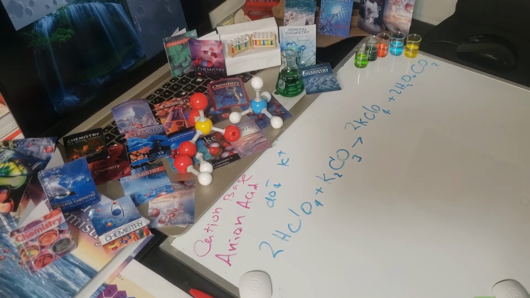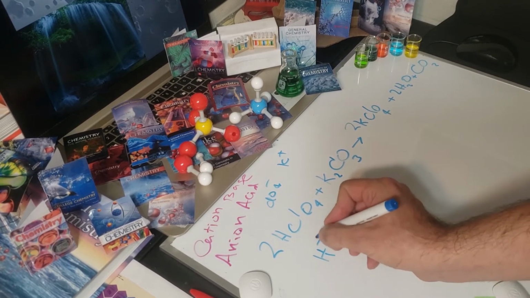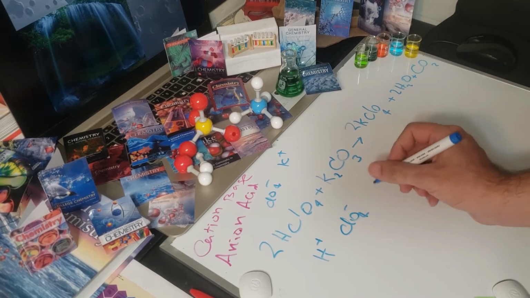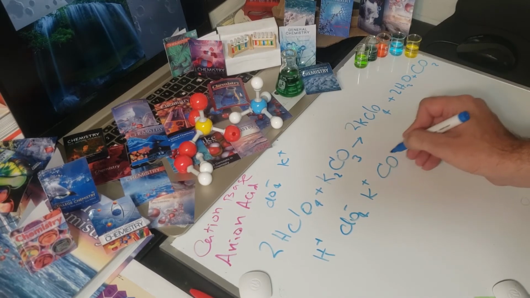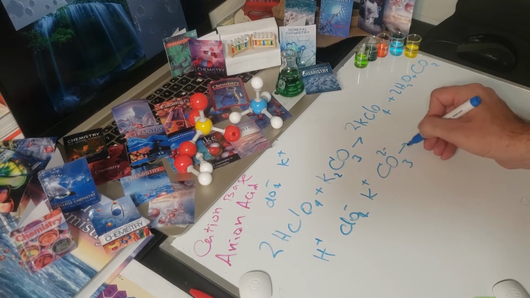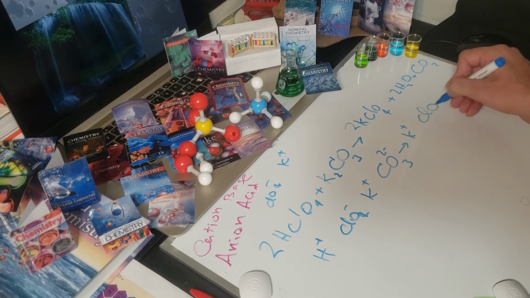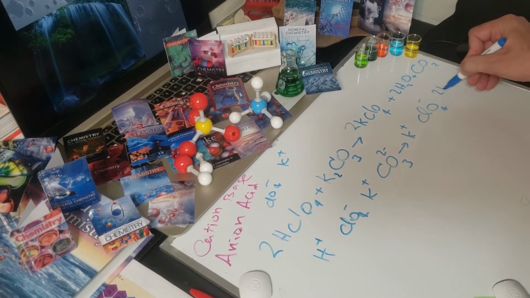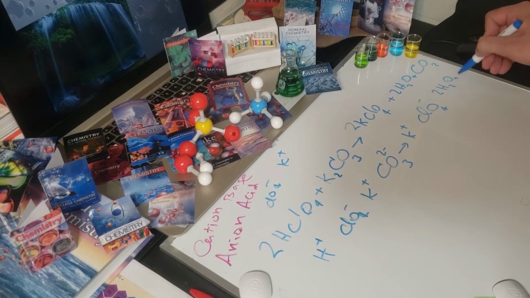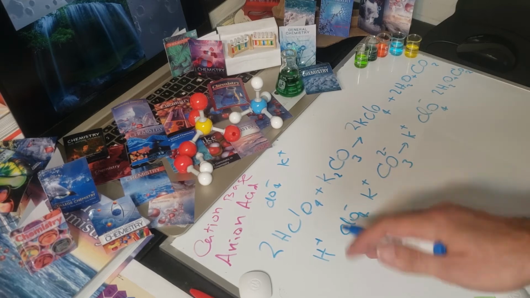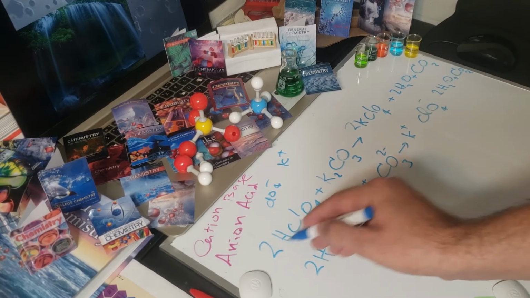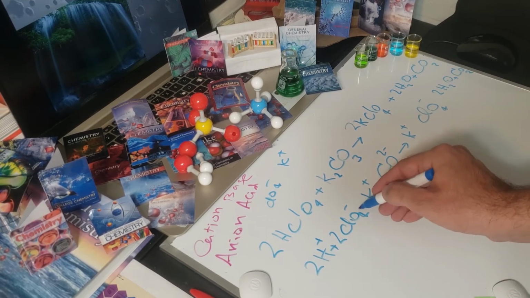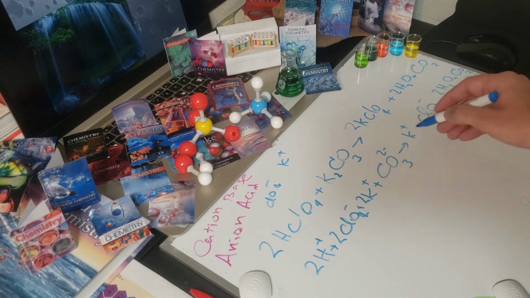Okay, let's now go back and write down the ions. H plus, ClO4 minus, K plus, CO3 double minus, K plus, ClO4 minus, 2H2O, and the CO2. My bad if it's so small there. So 2H pluses, 2 ClO4 minuses, 2 potassiums, 1 carbonate, 2 potassiums here, and 2 ClO4 minuses.